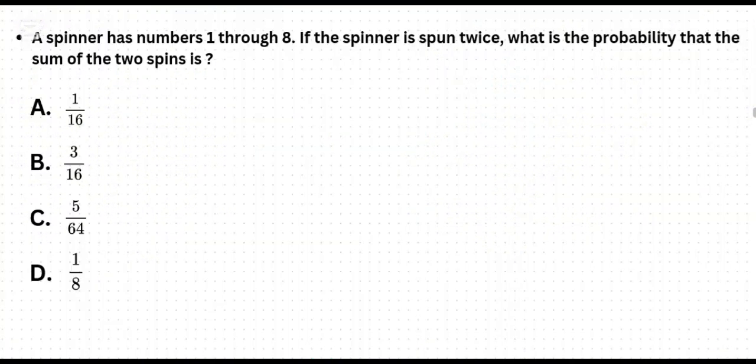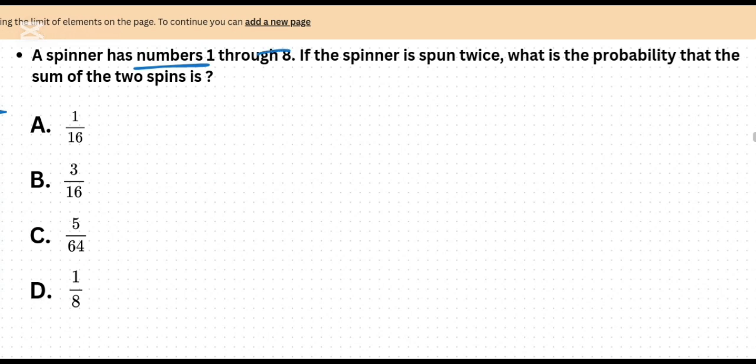So the next question is, a spinner has numbers 1 through 8, right? If the spinner is spun twice, what is the probability that the sum of 2 spins is 9?